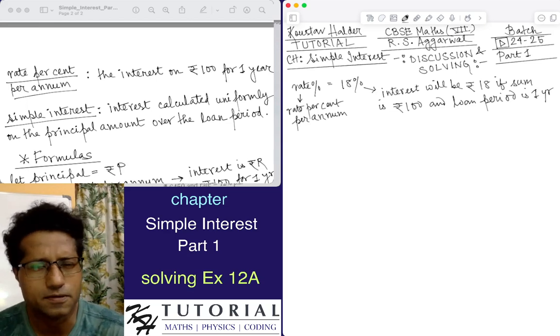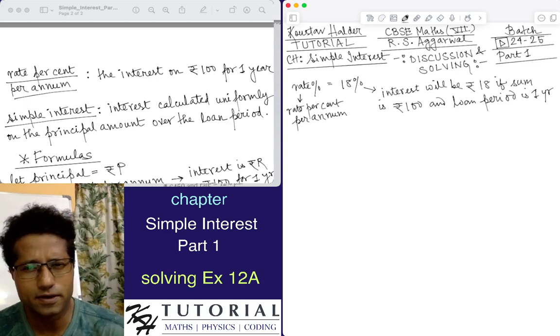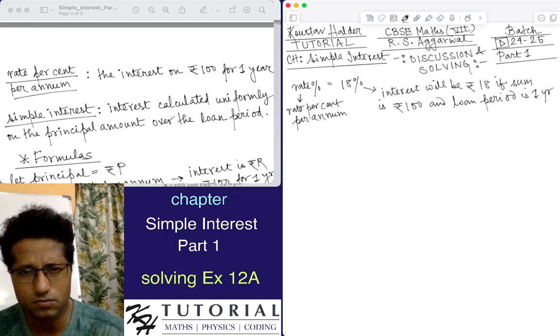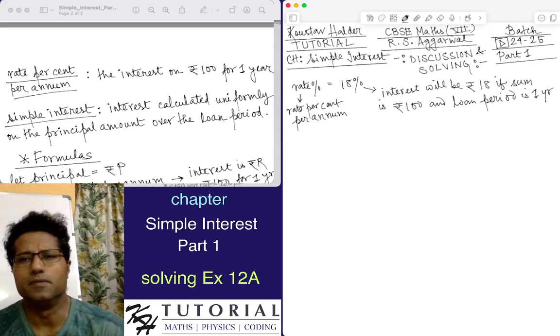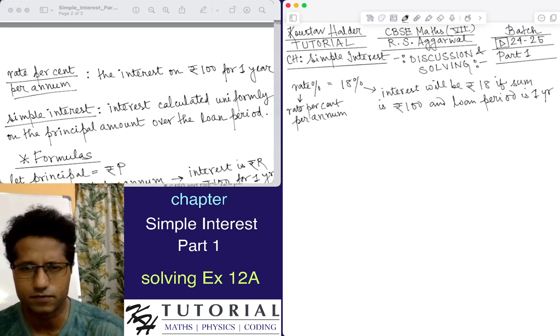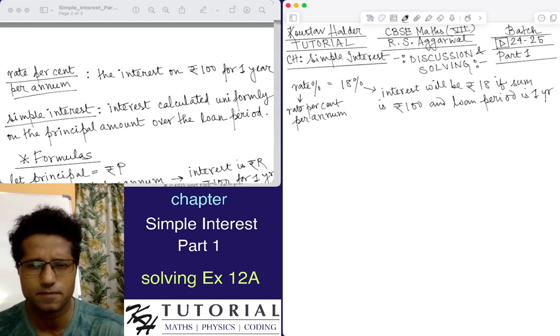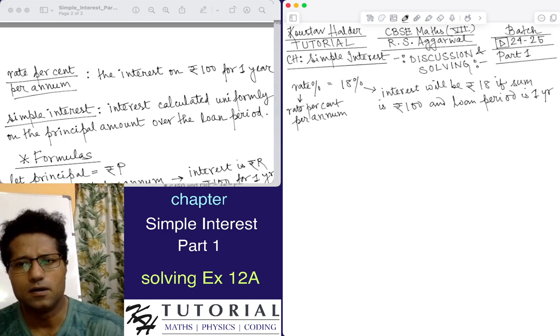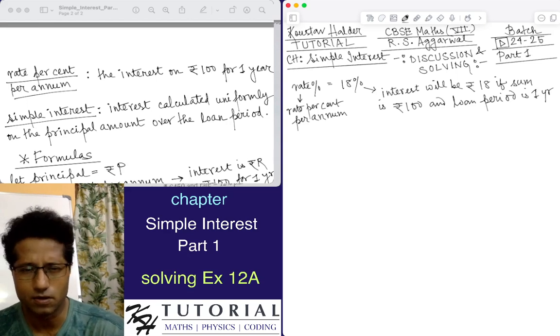Now, what is simple interest? Interest calculated uniformly on the principal amount over the loan period. Obviously, someone will be borrowing money for some period of time, let's say 2 years, 3 years or 4 years. The interest is uniformly calculated over that period of time.